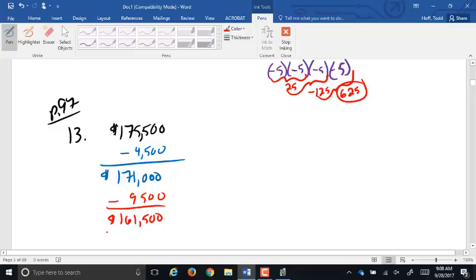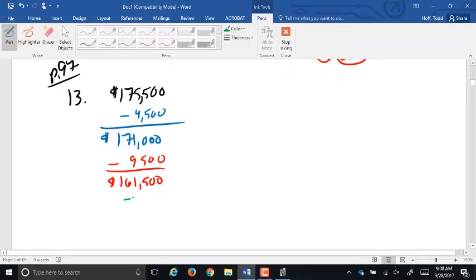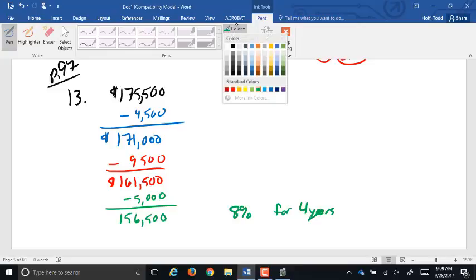A down payment of $5,000. So we're going to subtract another $5,000. So it's $156,500. He takes out a loan on the balance at 8% for 4 years. Now we're assuming he's making monthly payments. Yes, find the monthly payment and the total amount paid on the balance.